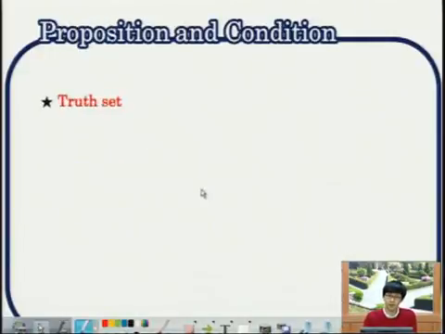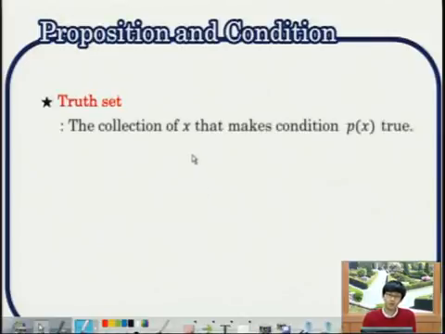So let's go on. Proposition and condition: we're going to learn about the truth set. Do you remember what we learned in the last lecture?